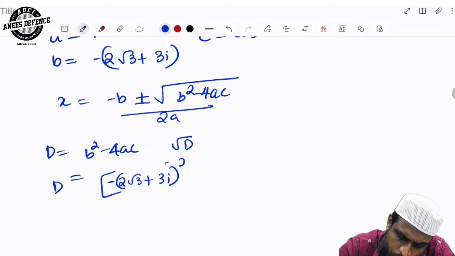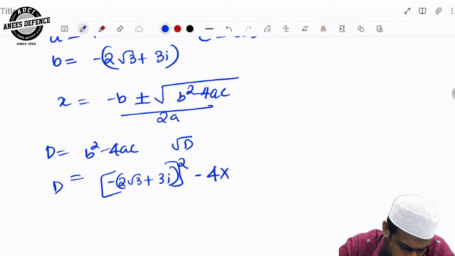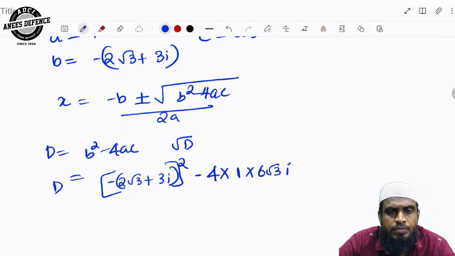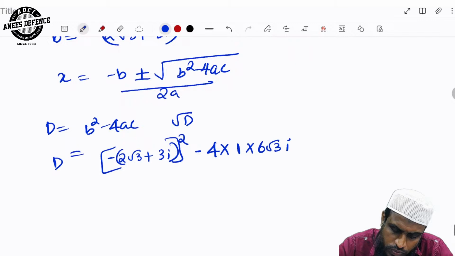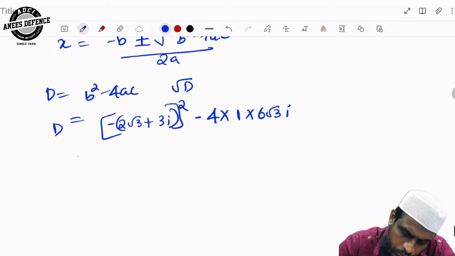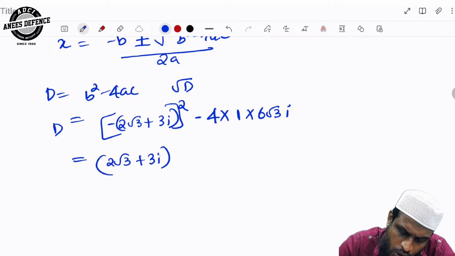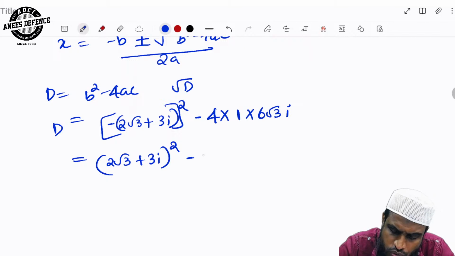So this is our b square minus 4ac. What is a? A is 1, c is 6 root 3i. So minus square is plus. So 2 root 3 plus 3i the whole square minus 4 into 6, 24 root 3i.